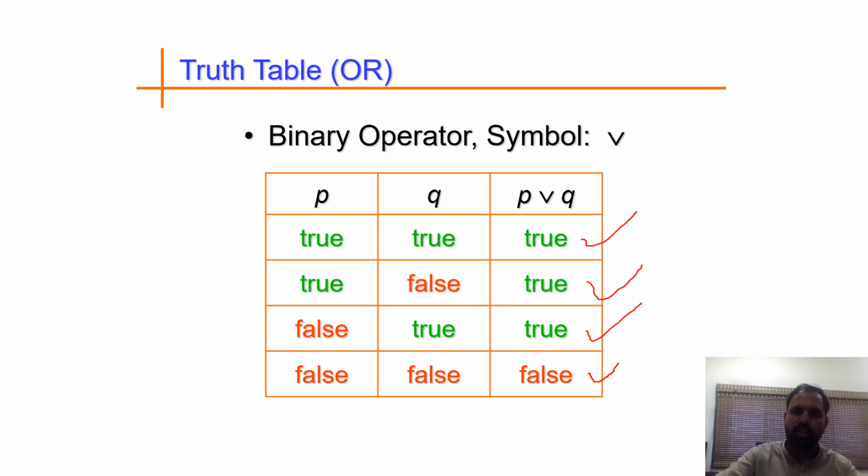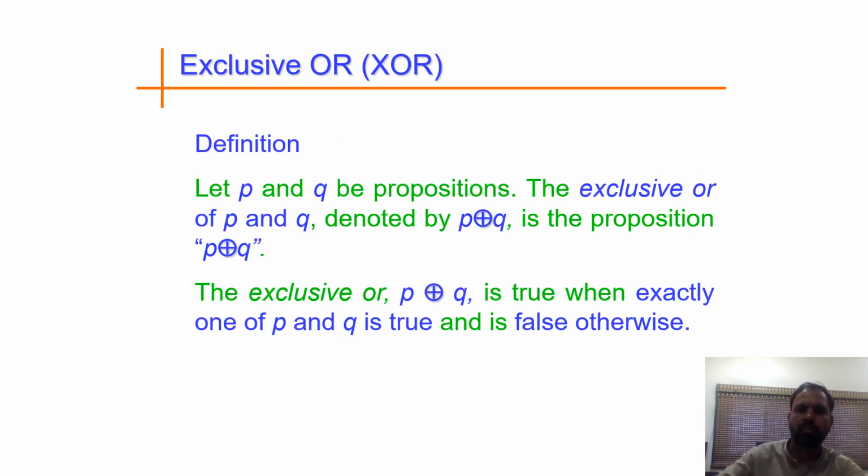The major difference between OR and exclusive OR is that in this one, if one is true, the disjunction is true, and in the other, both should not be true.